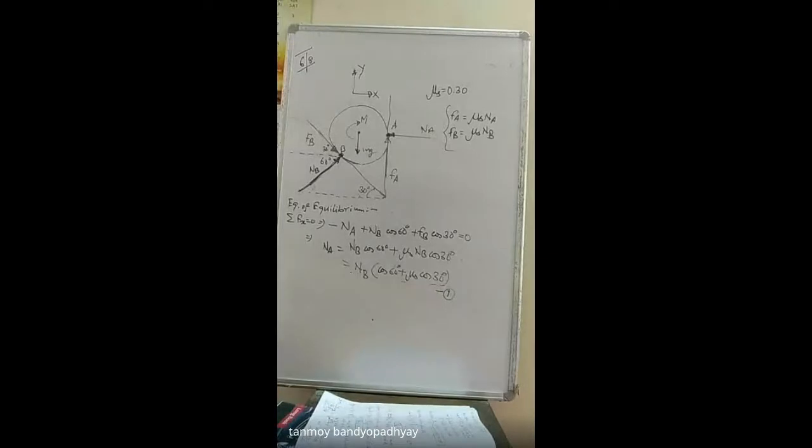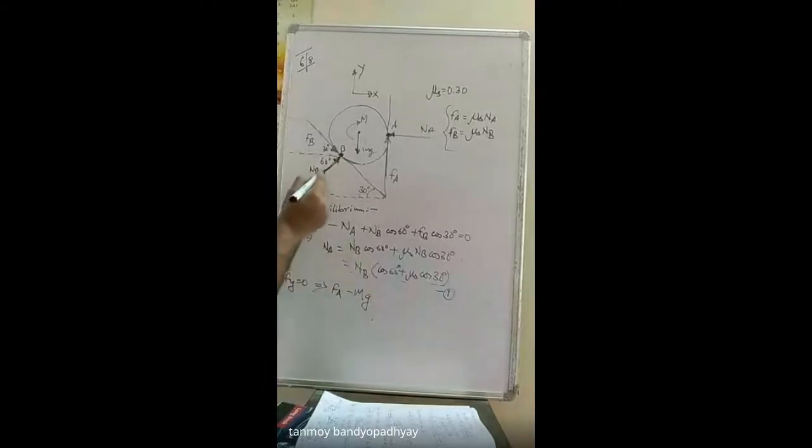Next is writing the equation of equilibrium for Fy. If I put sigma Fy equal to 0, we have a positive y direction. Here you have FA, and minus mg I can put.